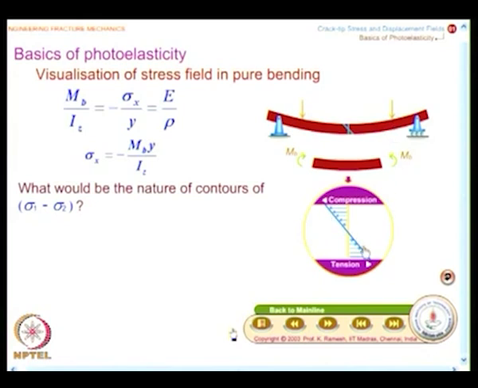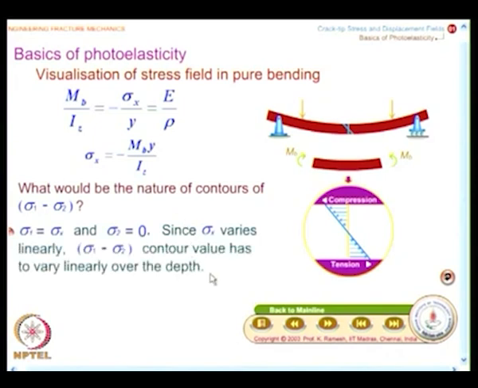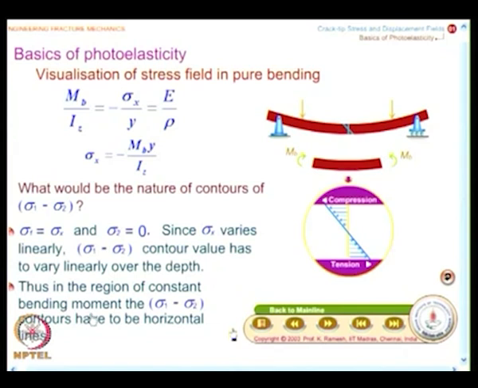The stresses vary linearly, and we have identified what would be the nature of contour sigma 1 minus sigma 2. This is the way I introduced photoelasticity for you, and we have been able to establish the contours of sigma 1 minus sigma 2 have to be horizontal lines. This we have done based on analytical calculation, because the field is known. So, it is simple for you to establish how the contours will look like.